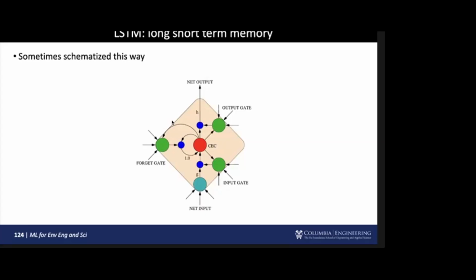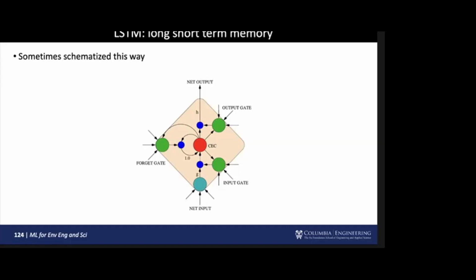Surrounding it are the three gates we have talked about. The input gate here, right? Yes, the input gate, the forget gate, and the output gate. Each gate acts like a valve controlled by the small blue multiplication nodes, deciding exactly how much information flows into or out of the memory center.